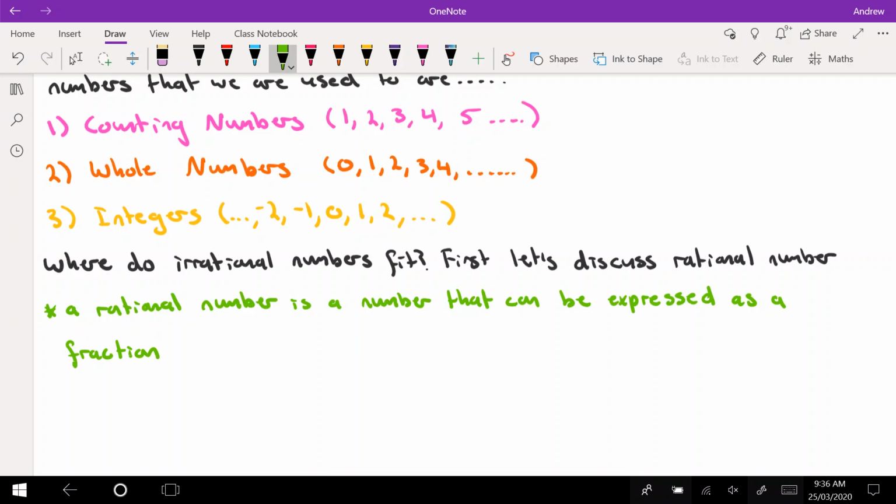A rational number can be expressed as a fraction of A over B. Now, when I say A over B, that really just means any two numbers, okay? So it could be 1 over 2. It could be 2 over 3. They're examples of rational numbers.